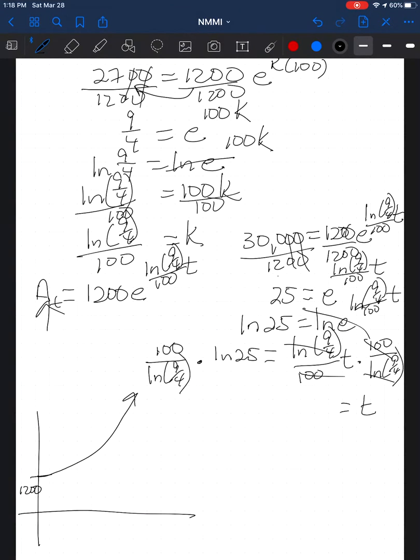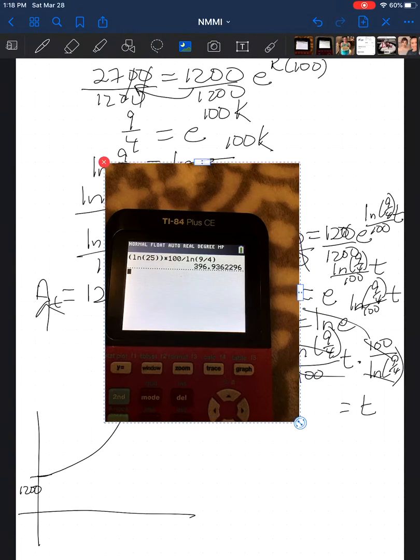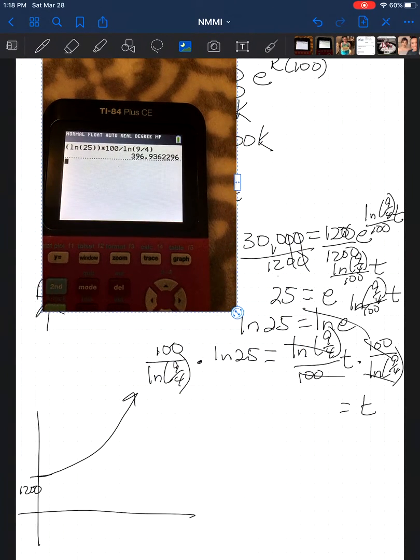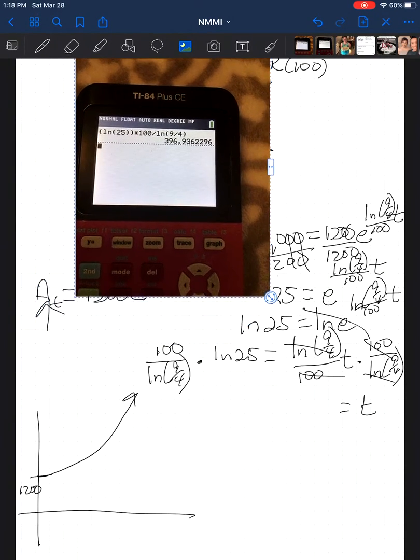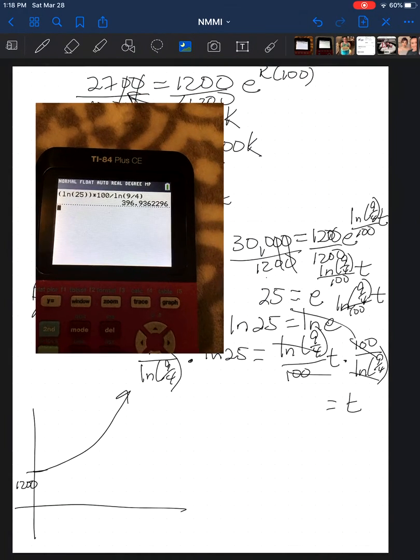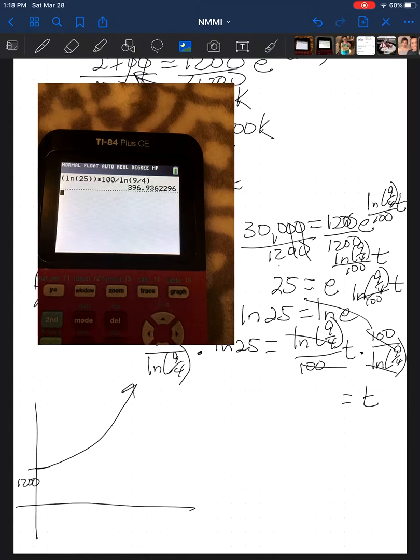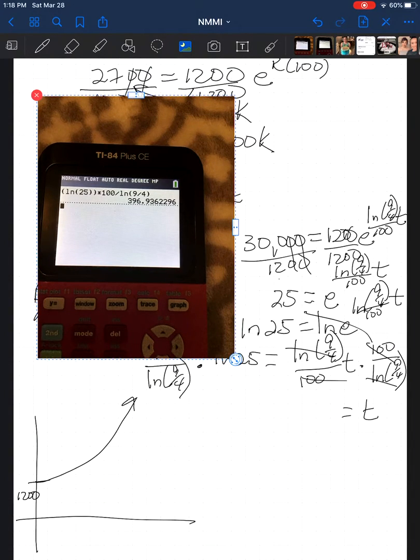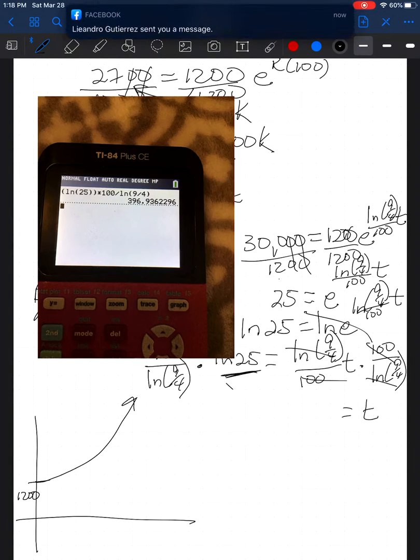Okay, I'm going to have to cover something up when I show this to you. Move it up here out of the way. Okay, so you can see that what I did was I typed in ln of 25, which was what this was, times 100 divided by ln of 9/4.